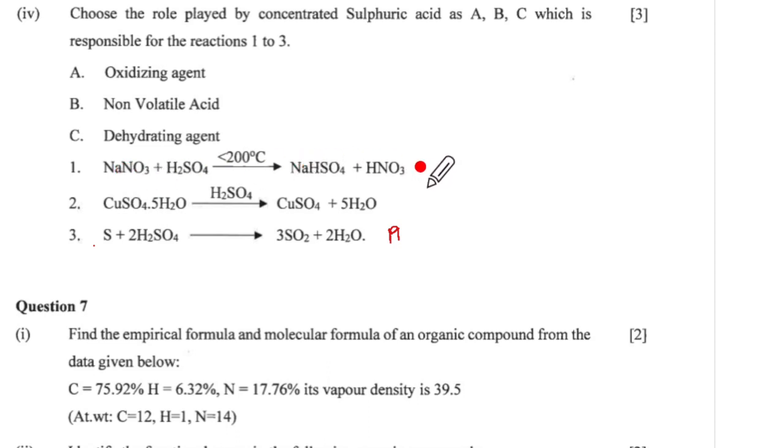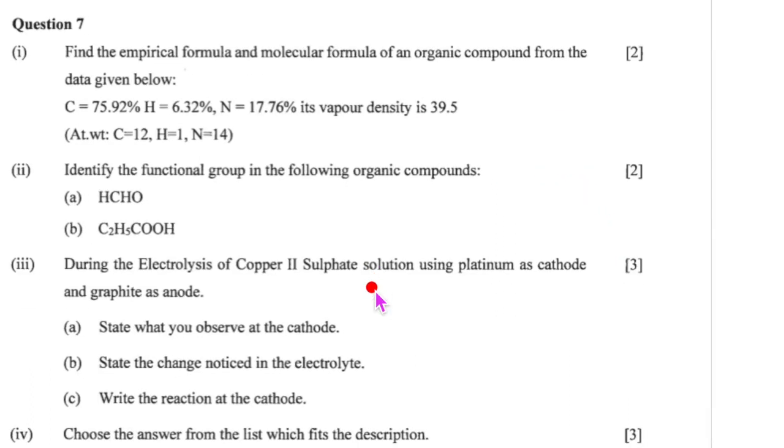So this is your B. And this one is where dehydration is happening. That is reaction C. So you will write your 1 as B, 2 as C, and 3 as A. Now finished 4 questions. So basically we have finished 80 marks, but yes, we will complete question 7 and 8 as well.